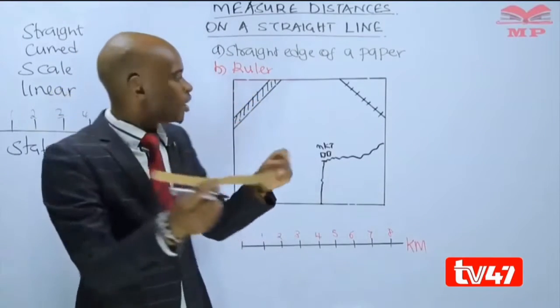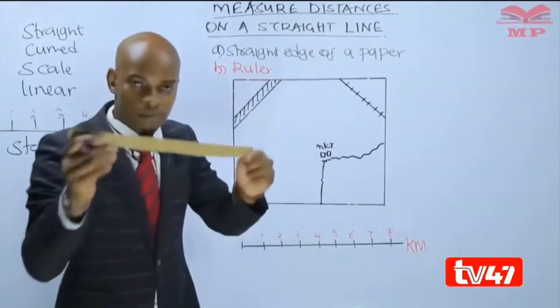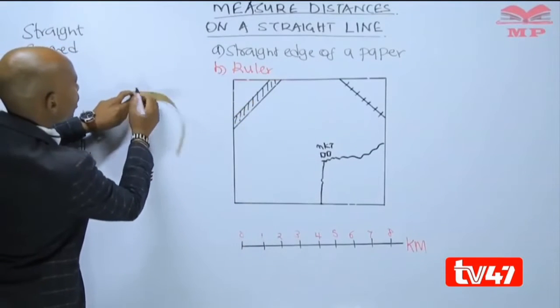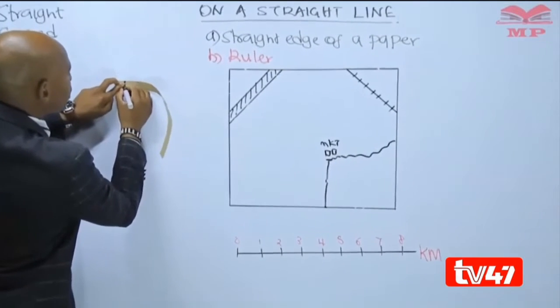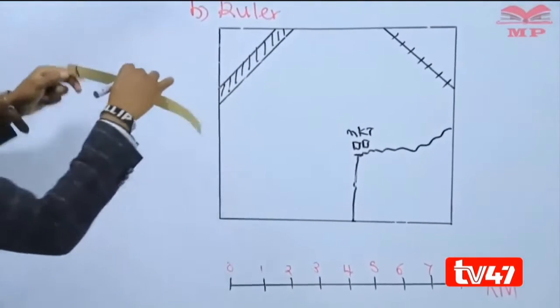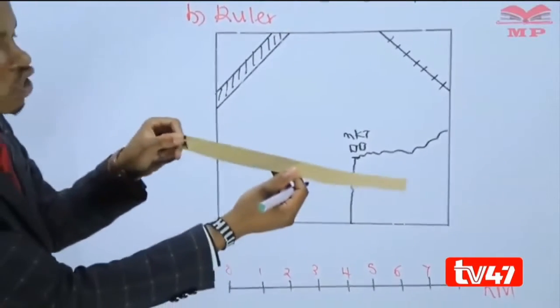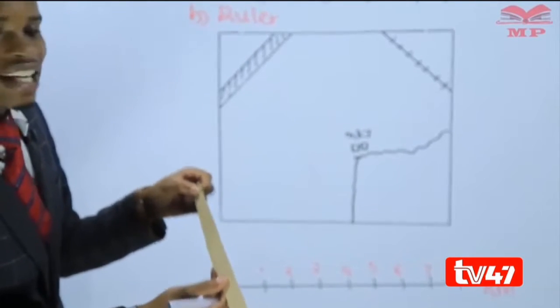First step, you don't bring your straight edge of a paper and start measuring. No. You take your straight edge of a paper and make a mark somewhere on that edge and write it as point A. That will be your starting point.